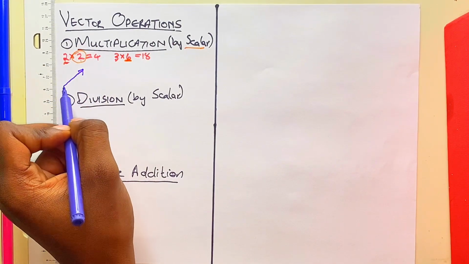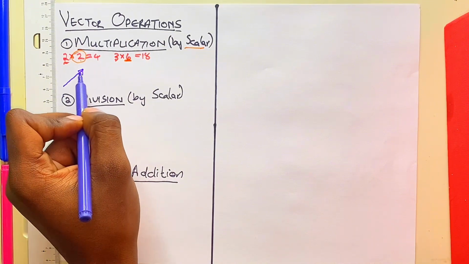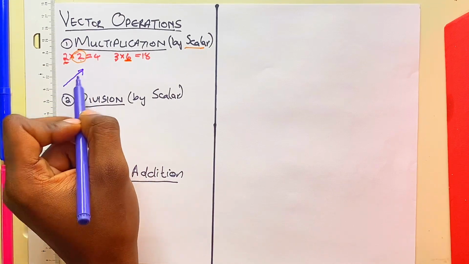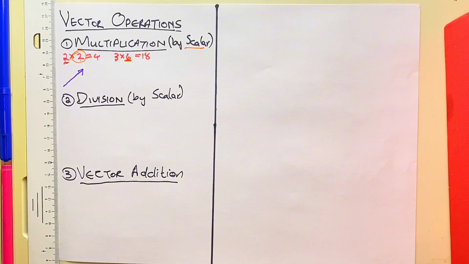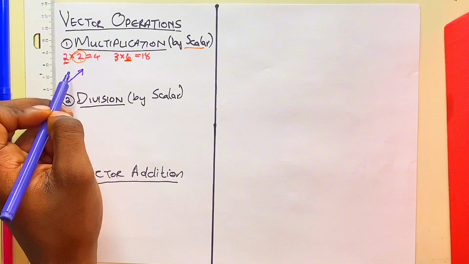The length of this line, your arrow, represents the magnitude of the vector, and the arrow represents the direction.